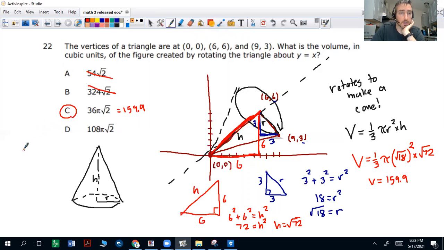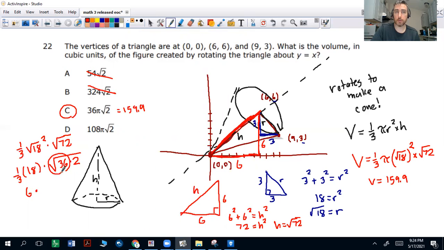But the 1/3, leave out the pi, and the square root of 18 squared times the square root of 72. Well, the square root of 18 squared is 18, so it's 1/3 of 18. And 72, remember, is 36 times 2, so it's really the square root of 36 times 2, if you break it down. 1/3 of 18 is 6.